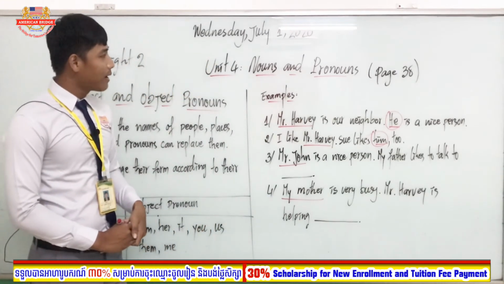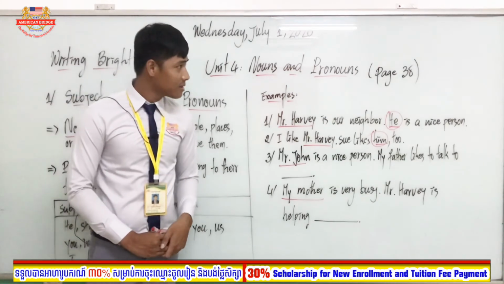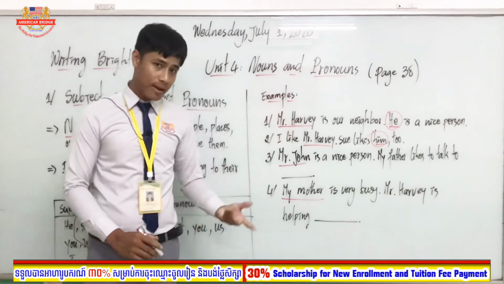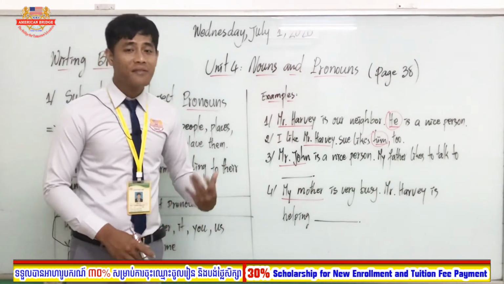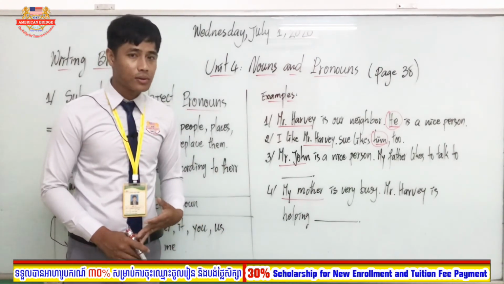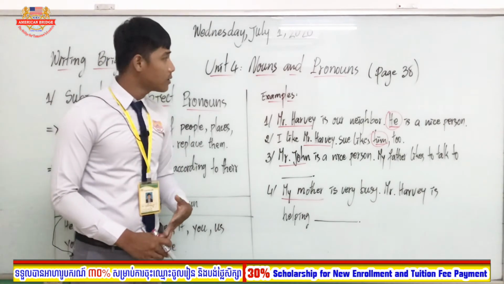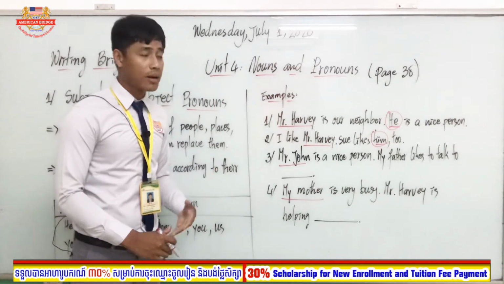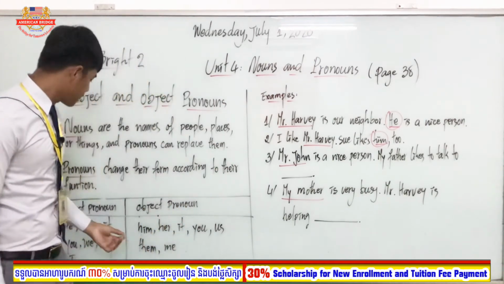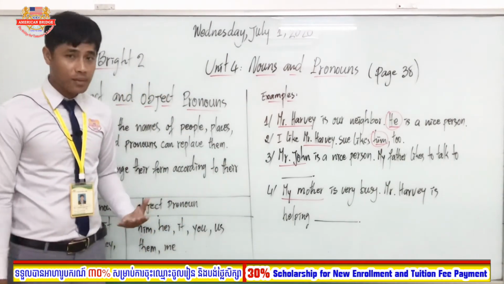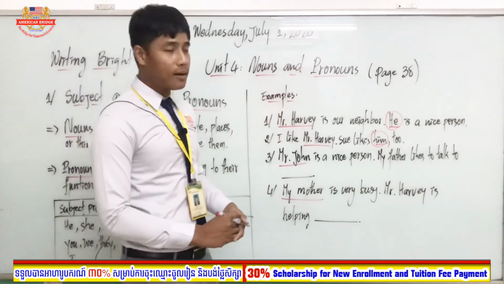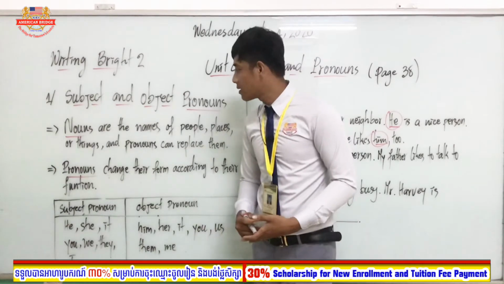So about pronouns, pronouns also have many types like object pronouns, subject pronouns, reflexive, and possessive pronouns also. So today teacher will tell you about two types of pronouns, object and subject pronouns. Okay, good. So let me get started all together with this lesson.